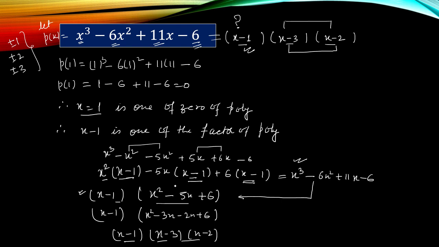Now taking x minus 1 common, whatever remained is a quadratic polynomial. So we are finding that these two factors are the factors of the original polynomial. That means this is the first factor we have got here, and that should be the product of the remaining two factors. So now we have to factorize this polynomial to get the remaining two factors of the polynomial. Now let's see the same in the next example.